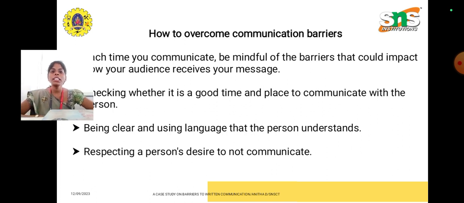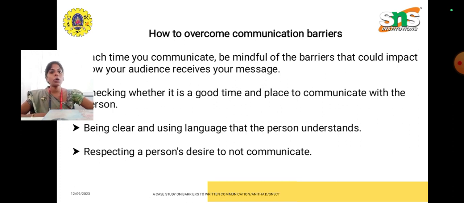Be clear and use language that the person understands. In my class, some people might be from Tamil medium, some from CBSE and English medium education, and there are achievers and advanced learners as well. So I want to know how to deliver the message to them, and which language is better for them.